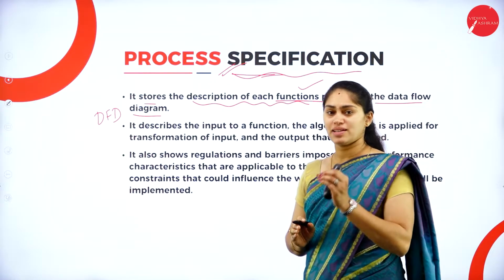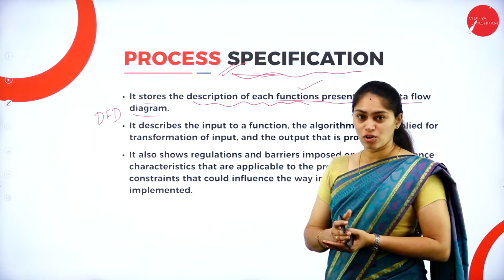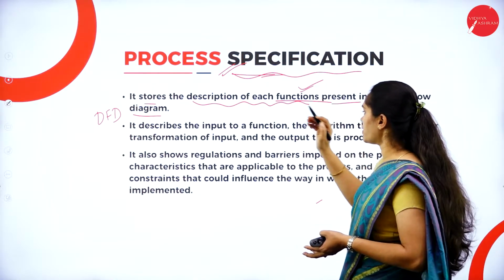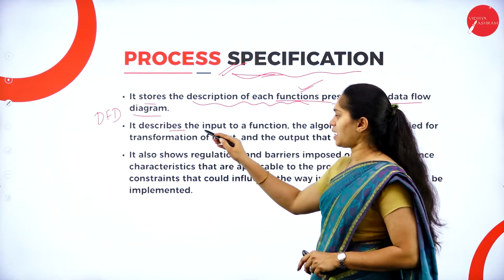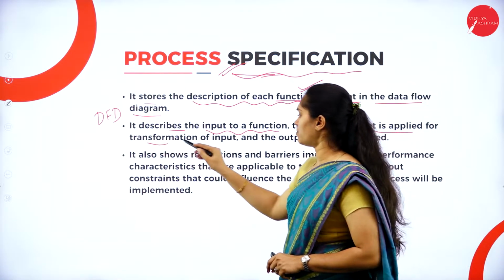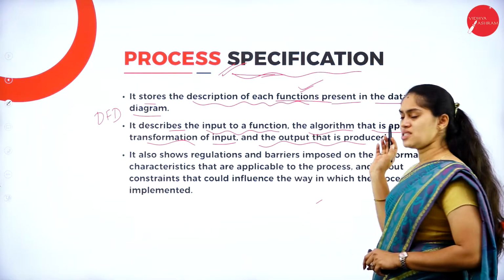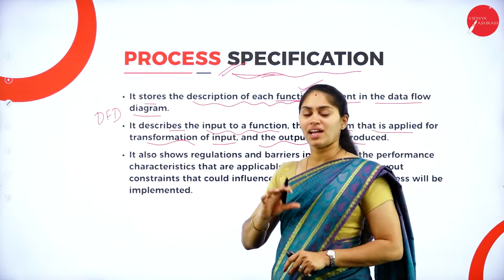The process specification has a complete description of the flow of information or the functions of that DFD which we have represented, and it also describes the input to a function, the algorithm that is applied for the transformation of input, and the output that is produced. So in the DFD we got to know that from input to output we have a conversion.